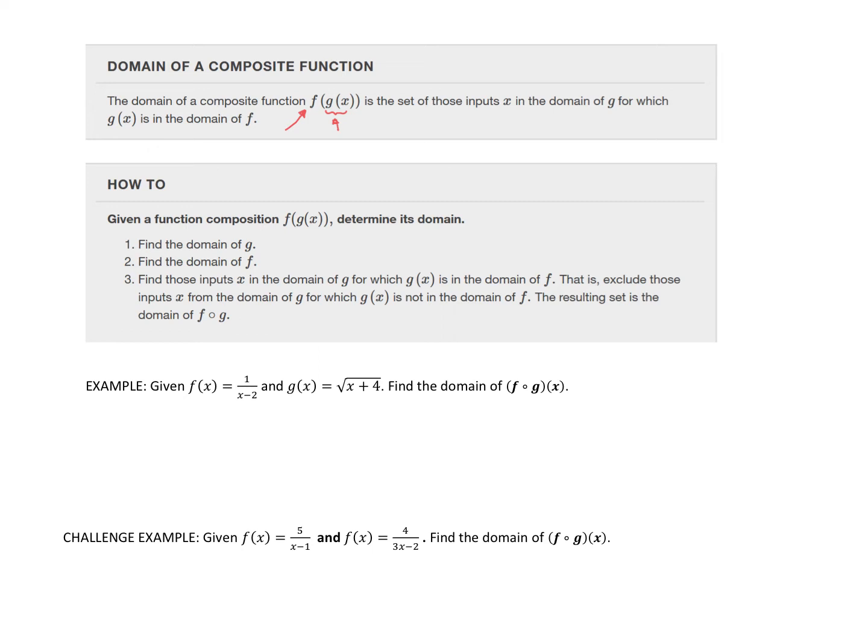First, for this function f of x, we know what the domain is. x minus 2 cannot equal 0, so x cannot equal 2.